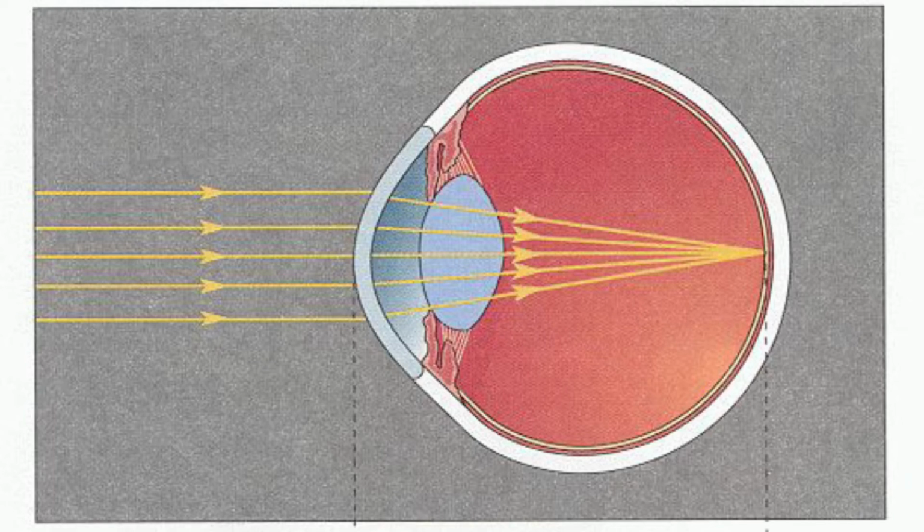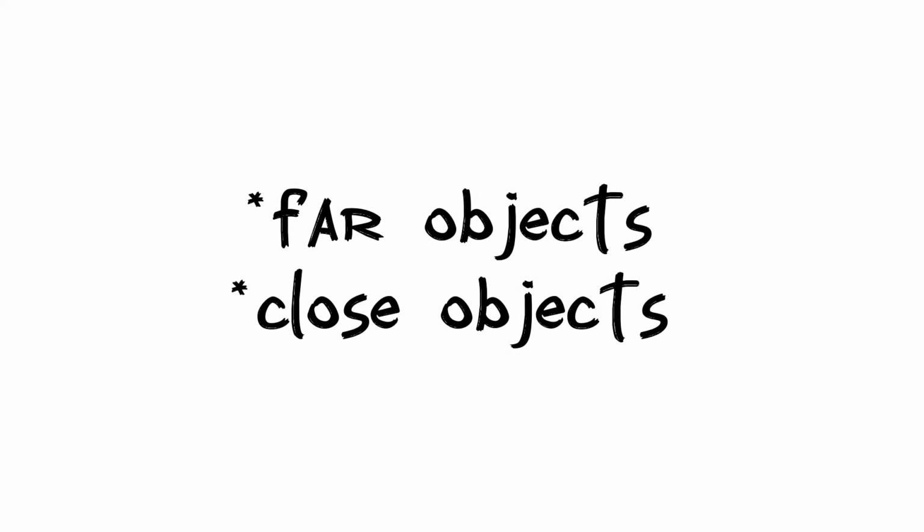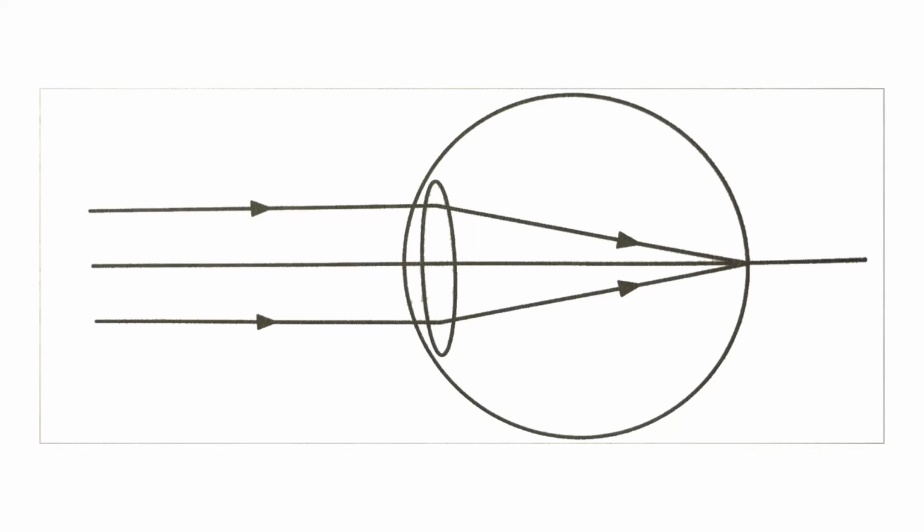By the lens of the eye, two types of images are formed, as I told you previously: images of far objects as well as images of close objects, meaning nearby objects. This is the ray diagram for the far object. The rays that reach from a far object can be considered parallel rays.